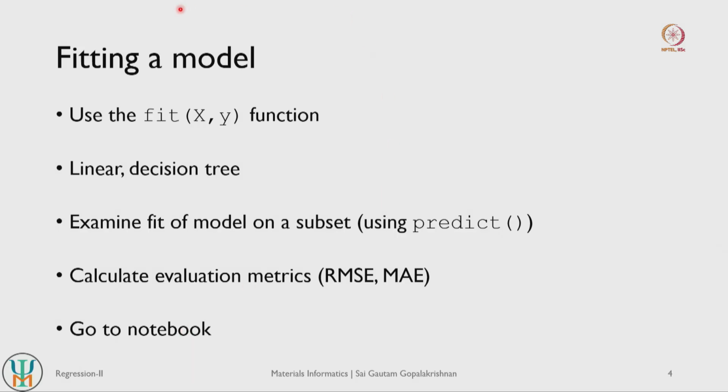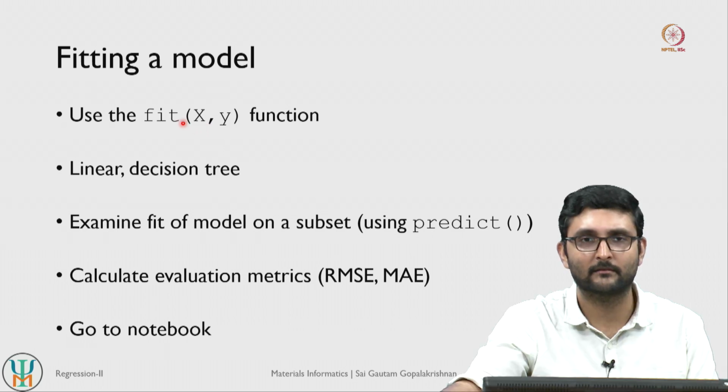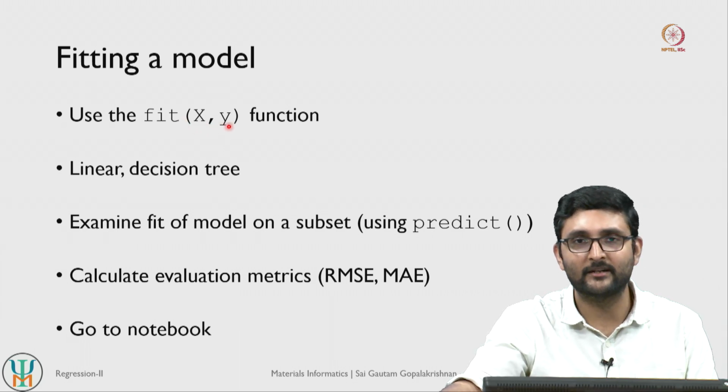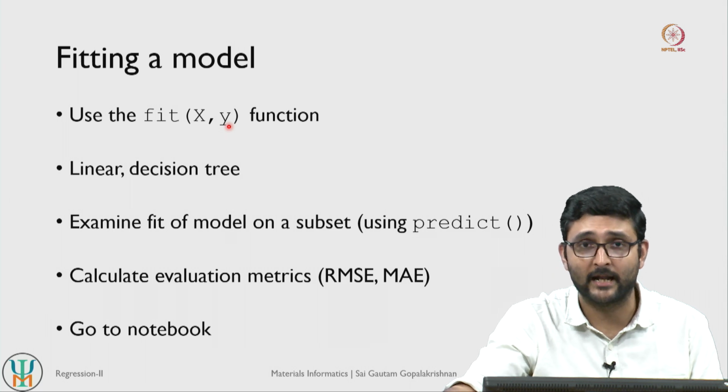Okay, so for fitting any model, especially using scikit-learn, whenever we consider simple machine learning models, we have to use this function called fit. The fit typically takes in 2 attributes. One is your x, which is basically your set of features, and it can be a numpy array, and y is your target variables or your target labels.